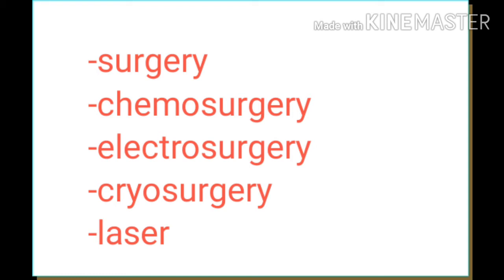Electrosurgery is a procedure wherein there is application of high frequency alternating polarity electrical current to biological tissue as a means to cut, coagulate, desiccate, or fulgurate the tissues. Desiccation is nothing but a procedure to dry the tissue, and fulgurate means to destroy the diseased tissue.